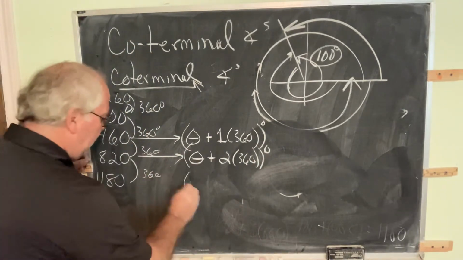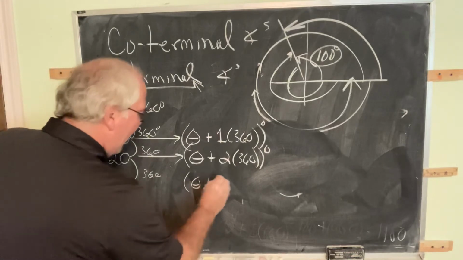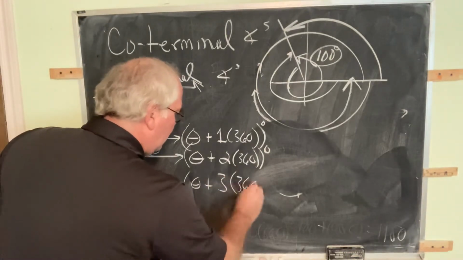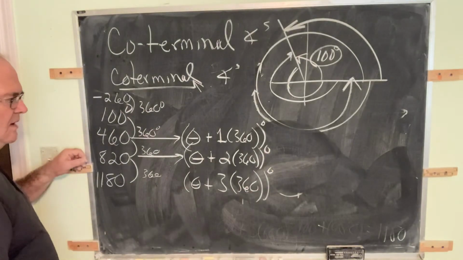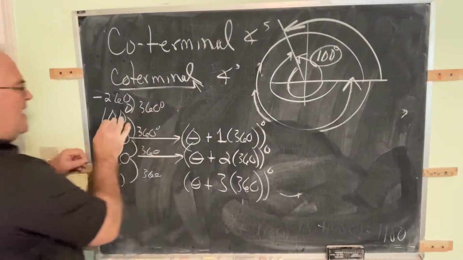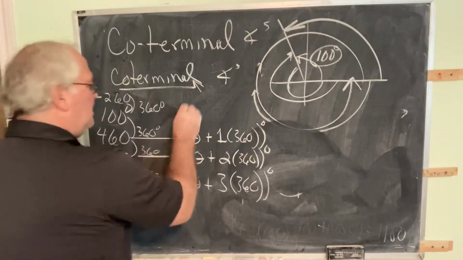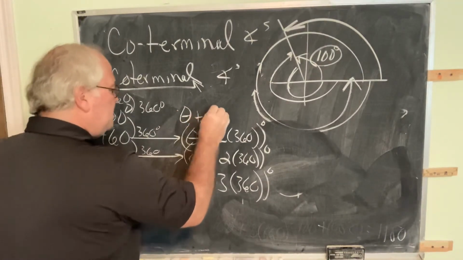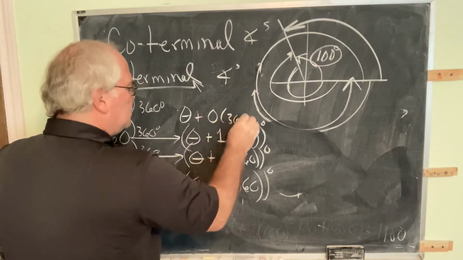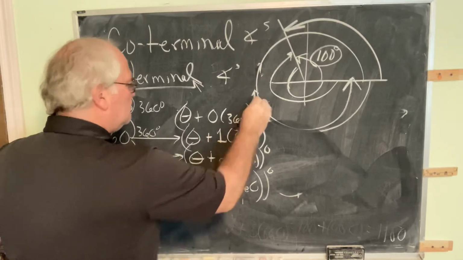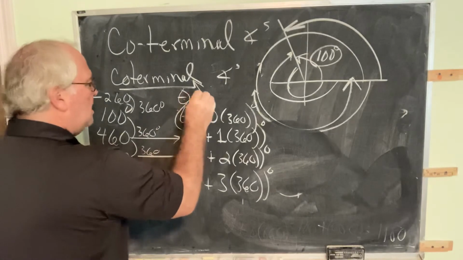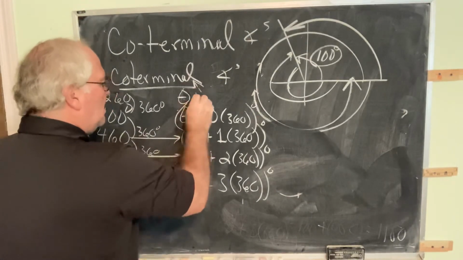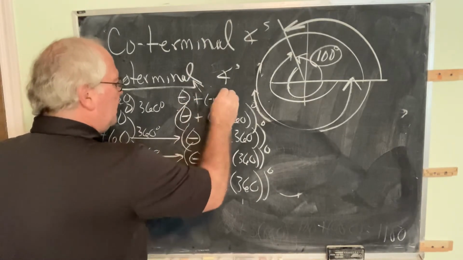And then this came from theta, and we added 3 complete revolutions. And how many extra revolutions did we have here? This was 0 complete revolutions. And then this was -1 complete revolutions.